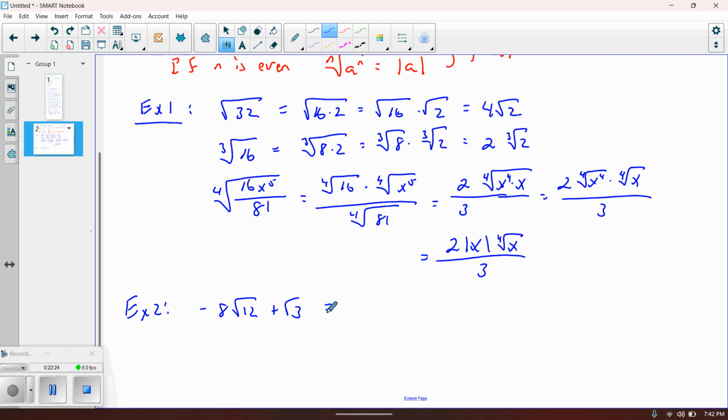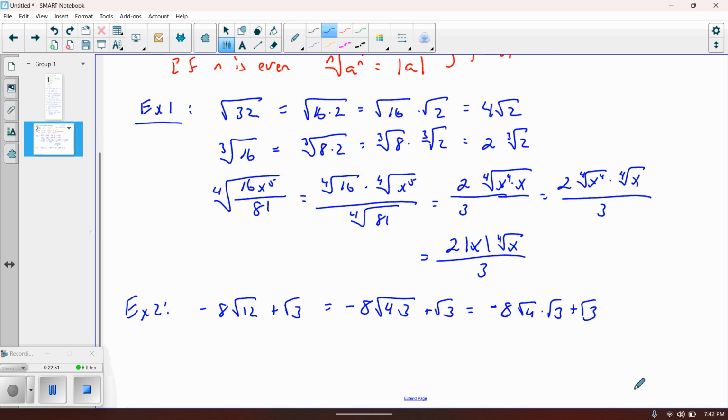So we're going to rewrite that square root of 12 as the square root of 4 times 3 because 4 is a perfect square, which is going to simplify to negative 8 times the square root of 4 times the square root of 3 plus the square root of 3.